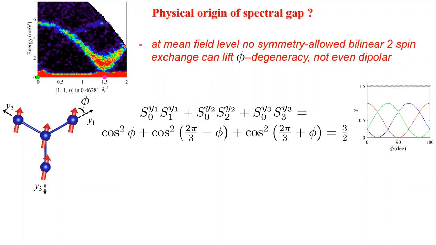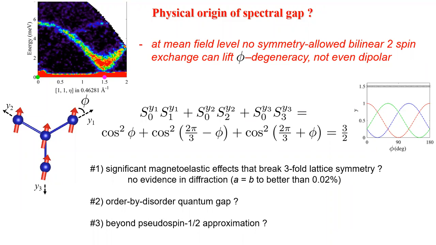So the threefold symmetry of the lattice and the ferromagnetic order ensures that, in fact, one can show more formally that any symmetry-allowed bilinear spin exchange cannot lift this independence of the energy as a function of angle. Even dipolar interactions cannot lift this dependence.